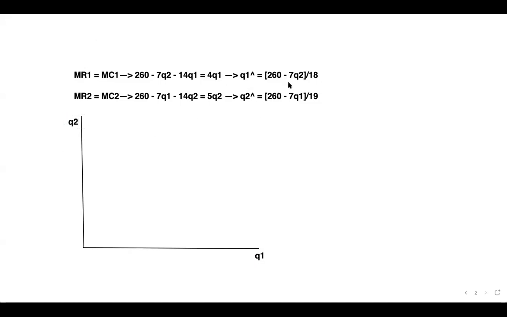And then notice, Andres, do you have a calculator with you on your phone or something?